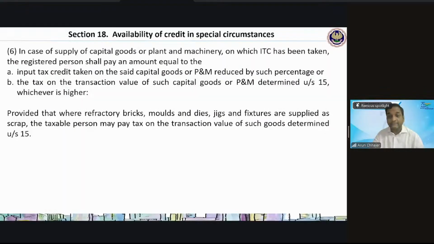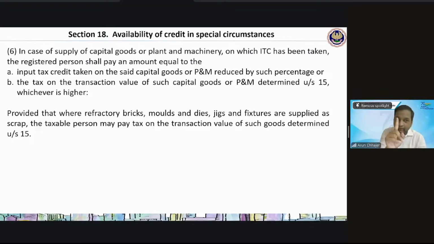What was the 18.6? Let me read again. In case of the supply of capital goods or plant and machinery on which ITC has been taken, the registered person shall pay the amount equal to the ITC on the capital goods or plant and machinery reduced by such percentage or the tax on the transaction value of such capital goods or plant and machinery determined under section 15, whichever is higher. 18.6 requires that you please calculate two values.